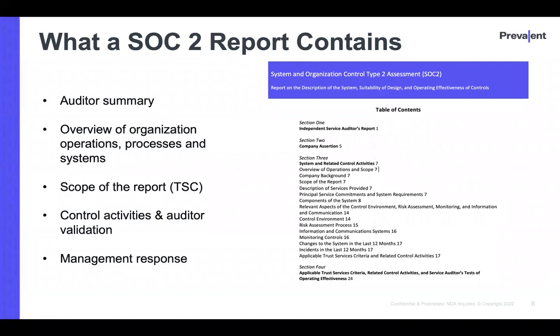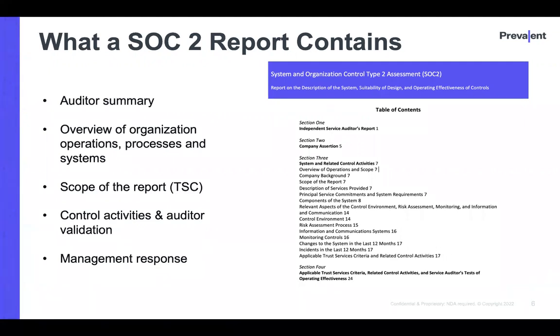Then down to some of the more granular detail around core processes that they use. So risk assessment processes that enable monitoring, information and communication processes, the control environment itself. We can then go down into a bit more depth around some of the technical capability of the organization.